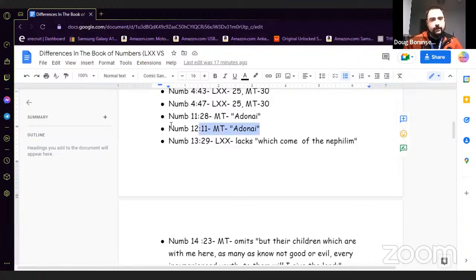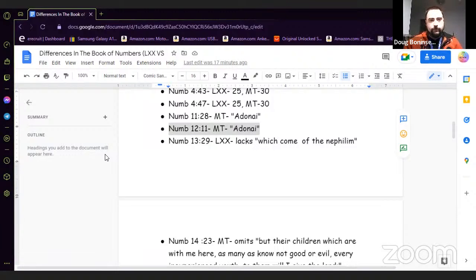Anyway, let's see here. Then we got Numbers 12, verse 11. Numbers 12, verse 11 also has Adonai here. By the way, pretty sure this does the same thing too, the Hebrew Interlinear Interpolated Study Bible.